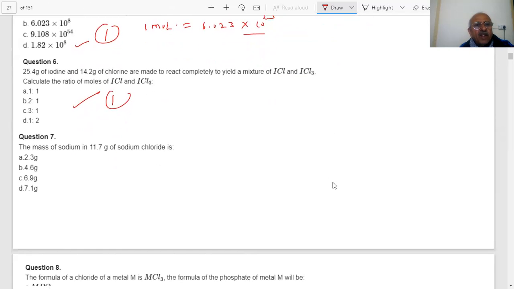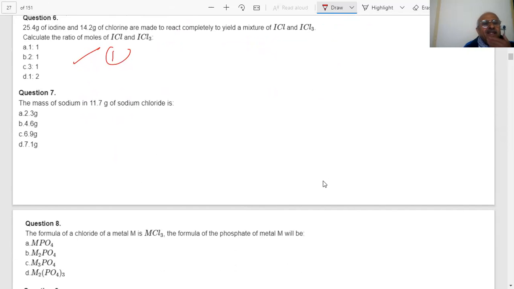Next question. The mass of sodium in 11.7 gram of sodium chloride is. This is our NaCl.